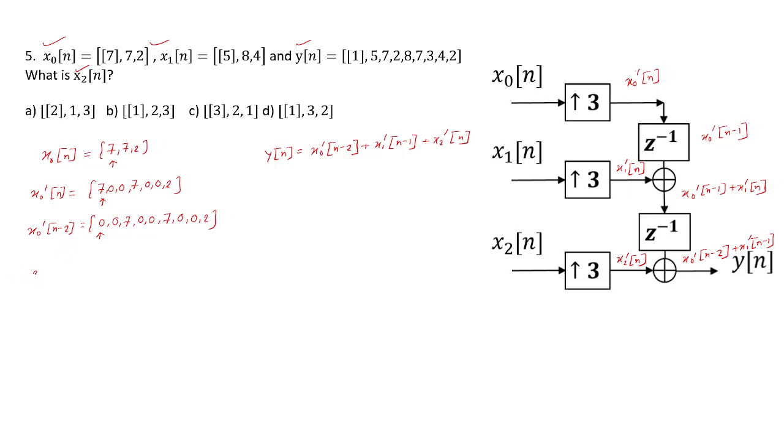Similarly, for x1 of n, we have 5, 8, and 4.